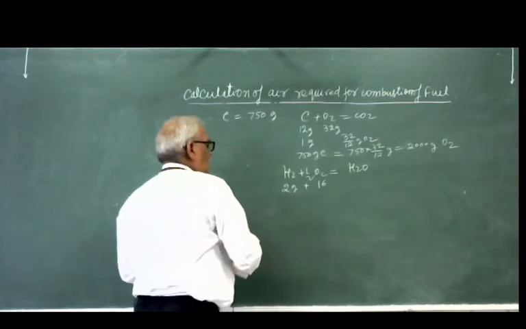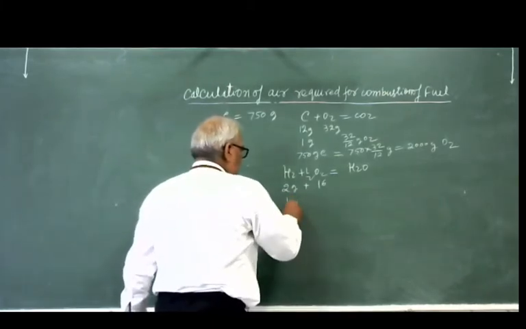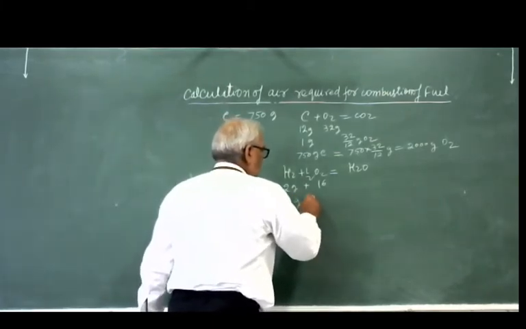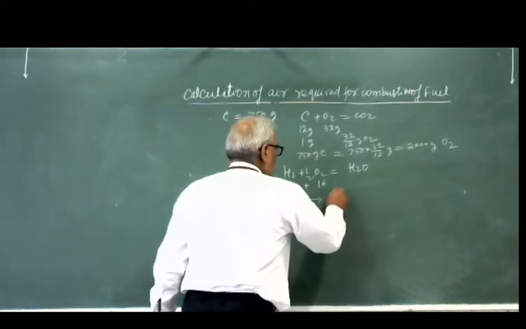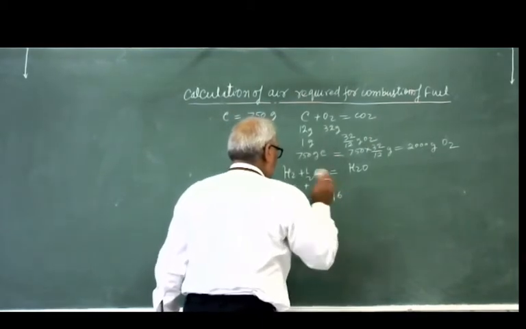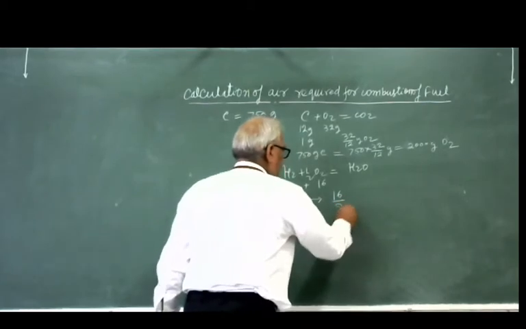For 1 gram hydrogen it requires 16 by 2.